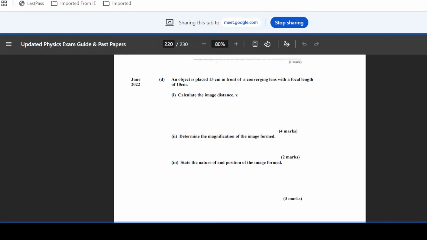What is that? Work that out and tell me what you get. 30.3 cm.